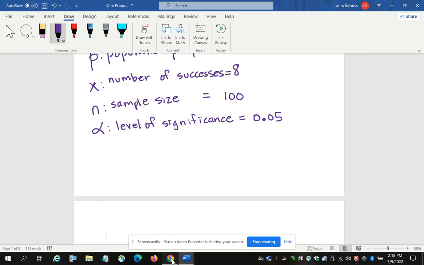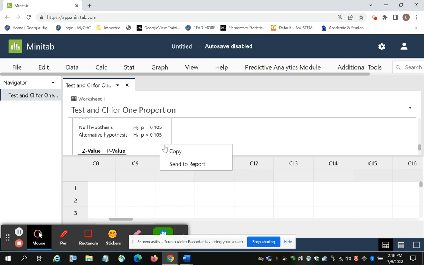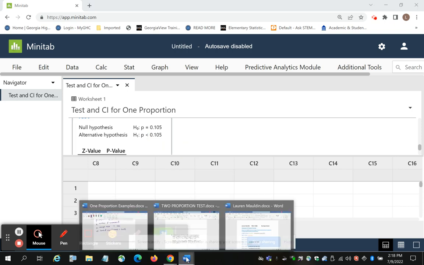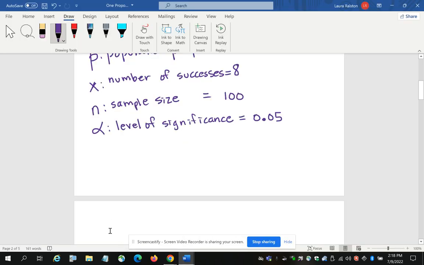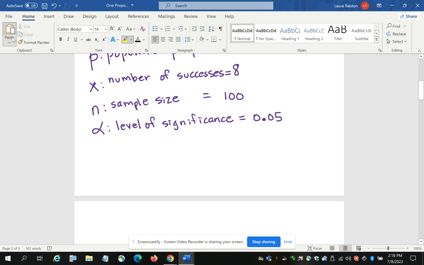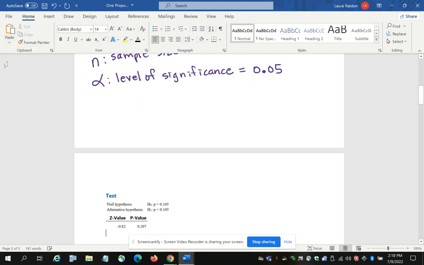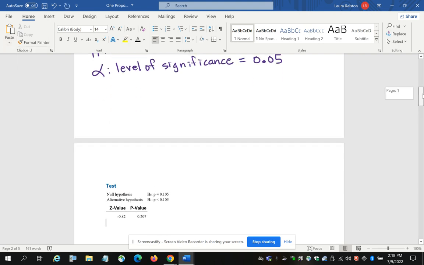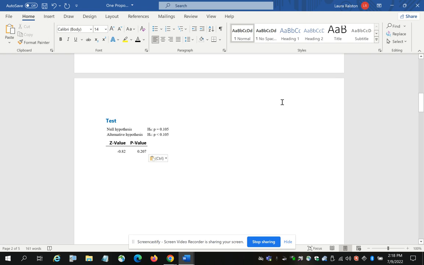Now let me see if I can get it to copy. Maybe I didn't copy it correctly. I want to copy. And then we're going to come over here and we're going to paste. Okay, so here are our results from Minitab.